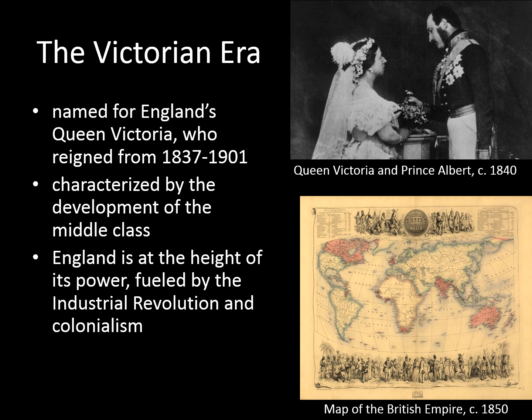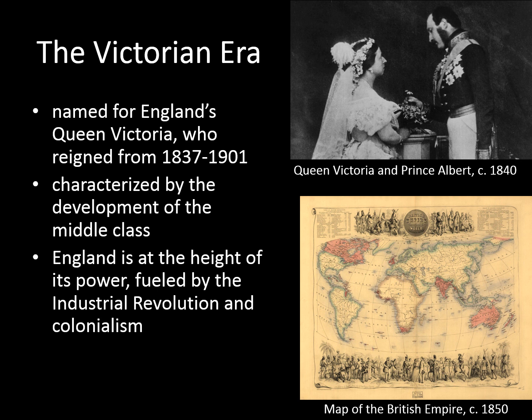And this is also when England is at the height of its power, right? It's fueled by the Industrial Revolution and colonialism. And I put in this little map here of the British Empire. Now it's a little bit hard to see, but essentially the parts of the map that are this pinkish red color are the parts that in 1850 England was ruling at the time.